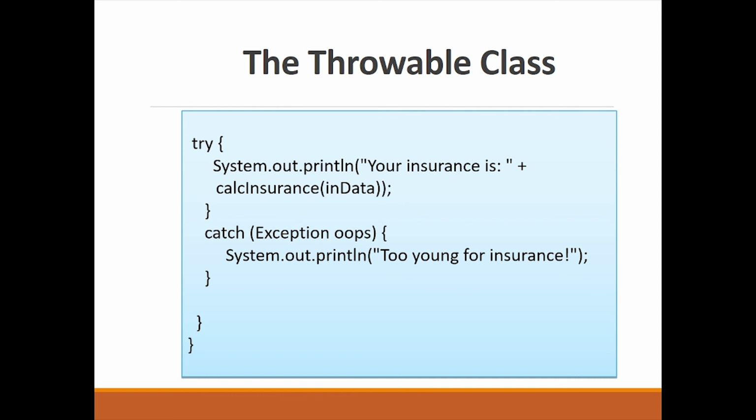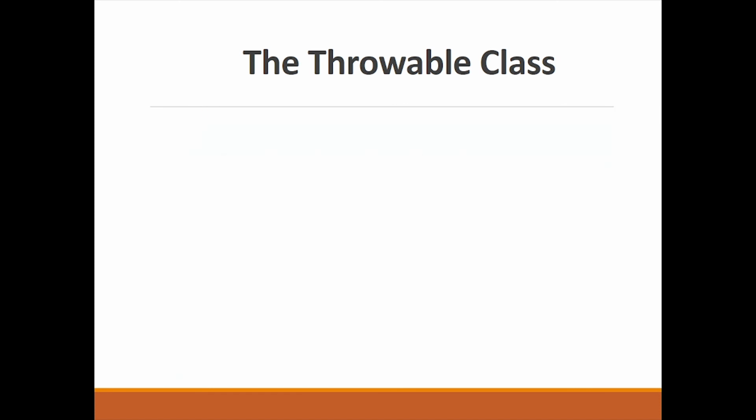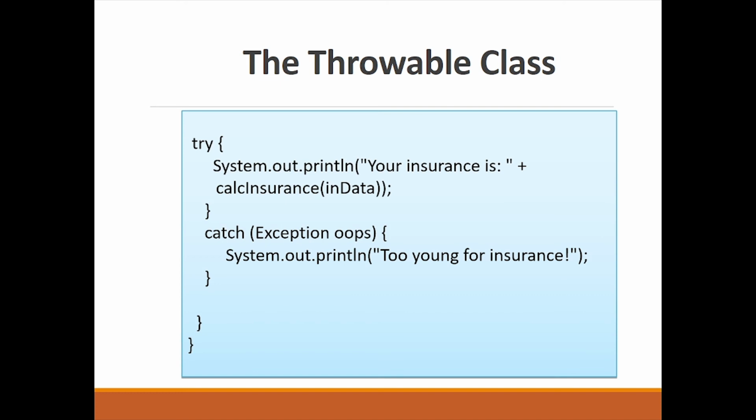So if it's going to throw a new exception, age is equal to age, it will now be thrown to the catch block, which will print too young for insurance.